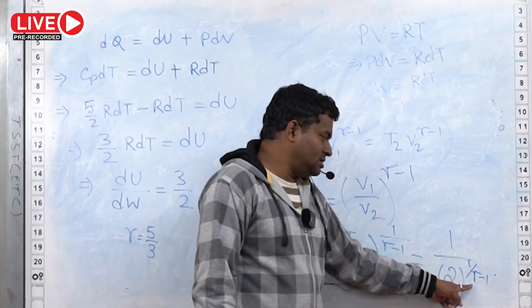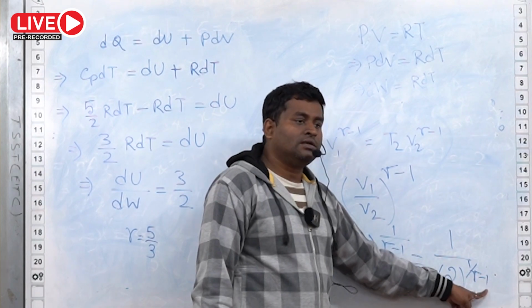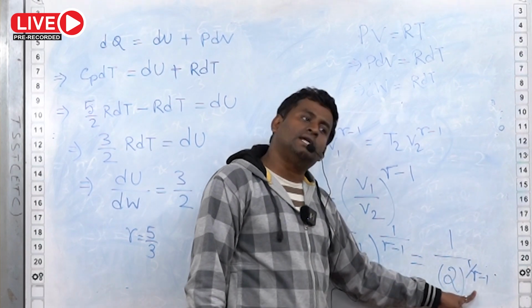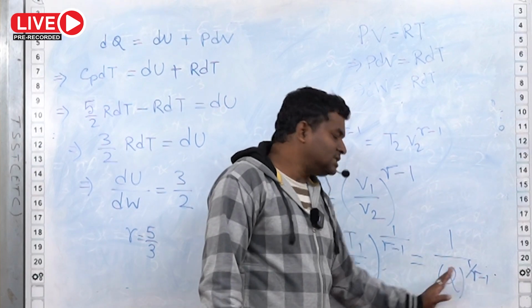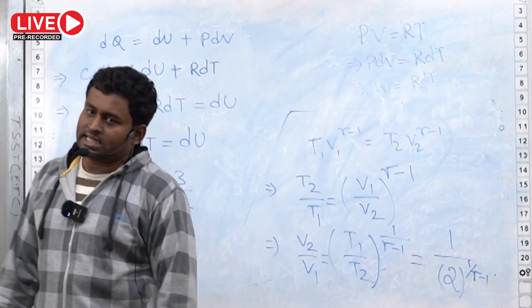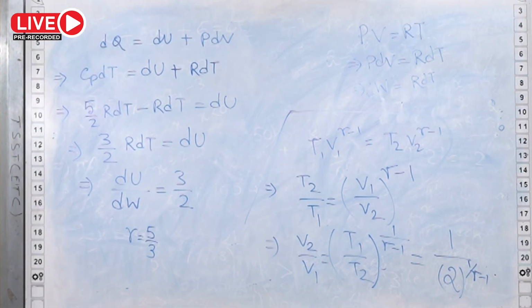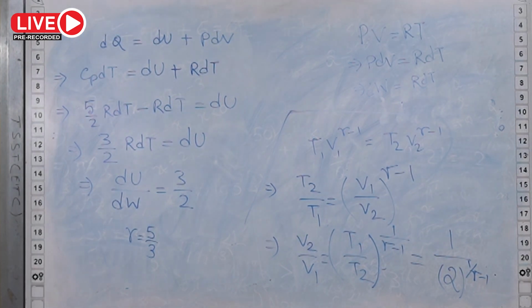If you consider diatomic, then gamma is 7 by 5. So it is coming 2 by 5. So 1 by 2 by 5, that is 5 by 2. Again 2 to the power 5 by 2 is definitely greater than 2. So it is less than half. So the answer is less than half. Whatever be the value of gamma, it will always be less than half. Because for it to be equal to half, gamma should be equal to 2, which is not possible.